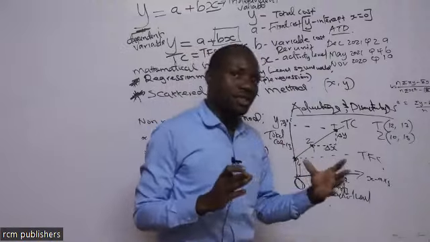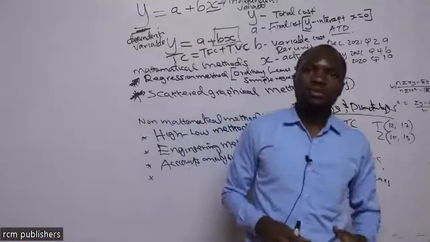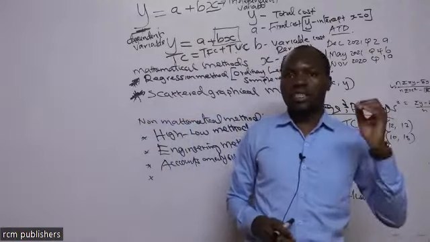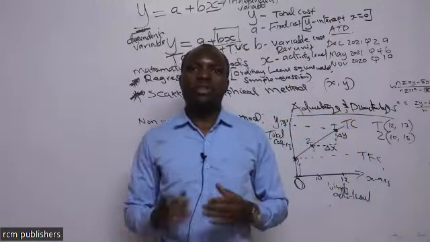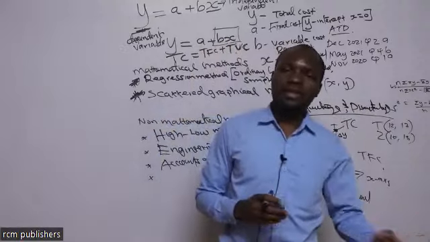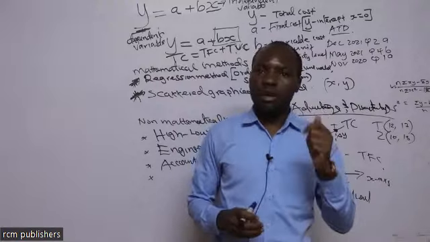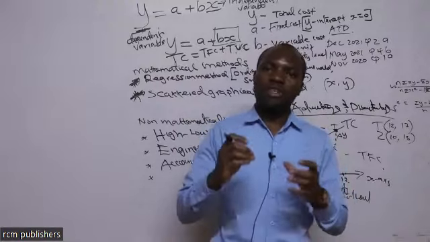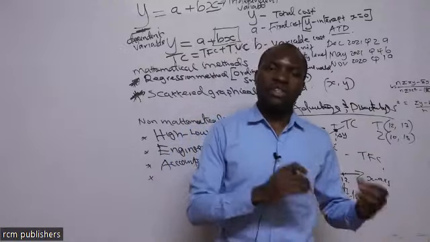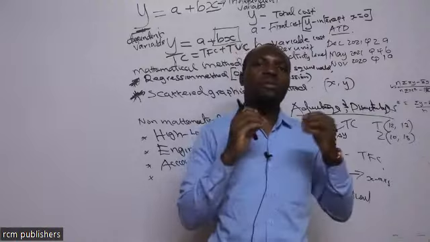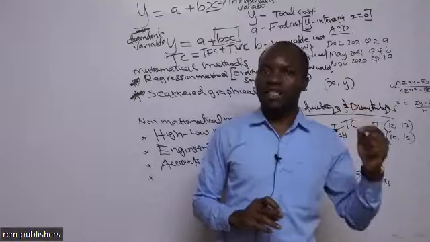That is statistics knowledge. When we come to management accounting, the examiner will basically give you the units of output or activity level in terms of hours. Then they give you the total production cost. They will not tell you that this one is X, this one is Y. But from what we've discussed here, you should be able to identify that the total production cost will be my Y. The total units produced will be my X. So you replace X and Y with the figures given in the statement.